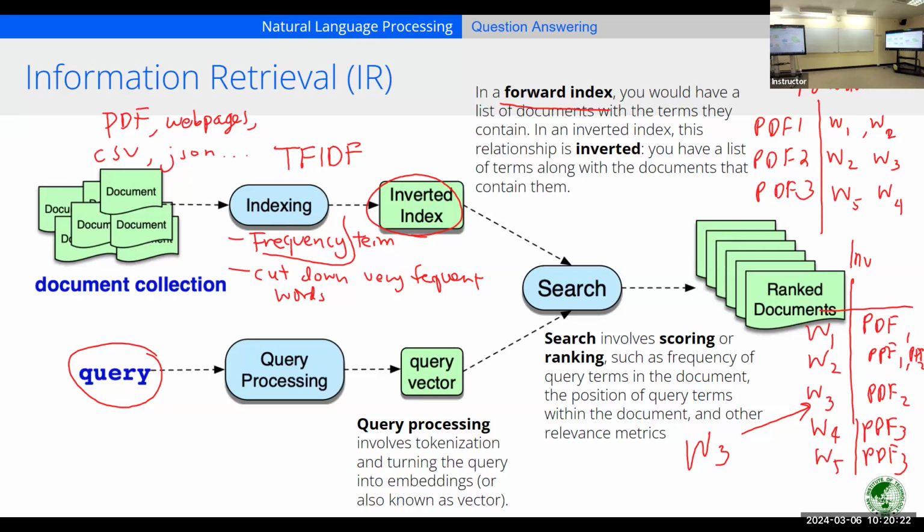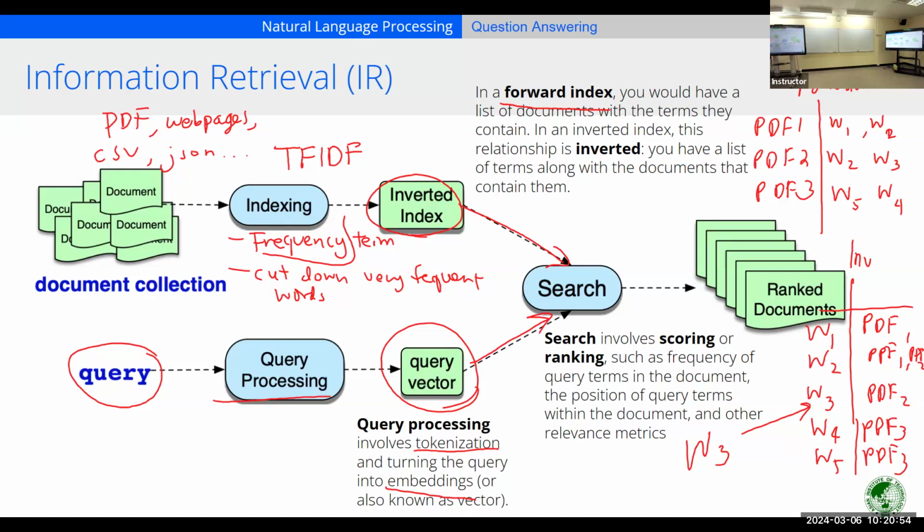And then we do some query processing, right? Query processing includes tokenization, obviously. Subword tokenization or just space tokenization is perfectly fine. And then maybe you want to turn them into embeddings. That is also fine. And then you get some vectors, which is an embedding of this query. And then here you have a lot of index, and then you search accordingly.